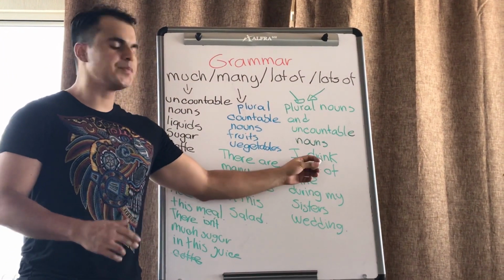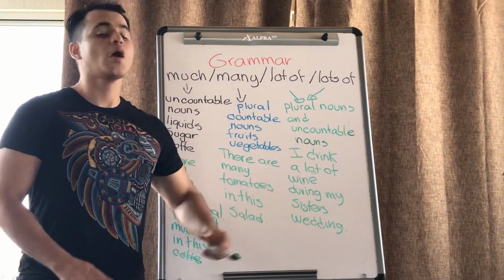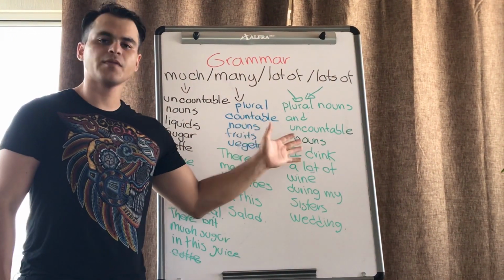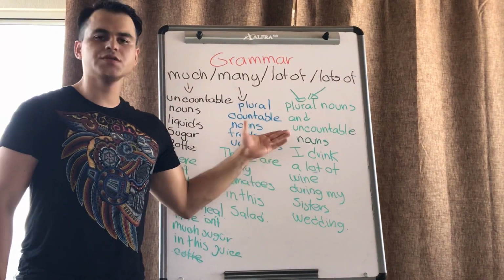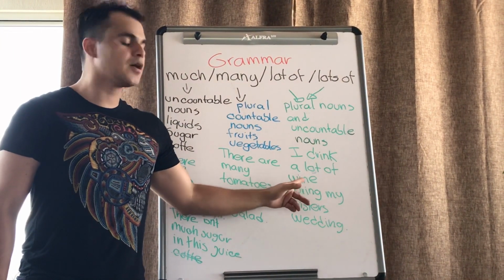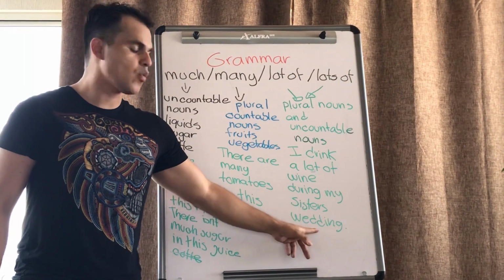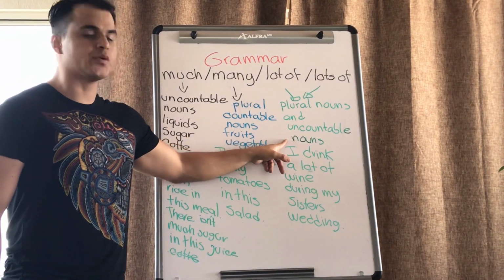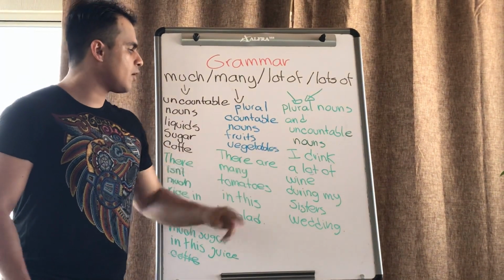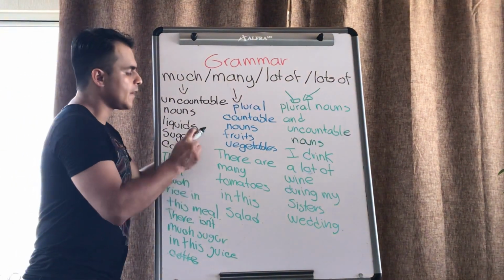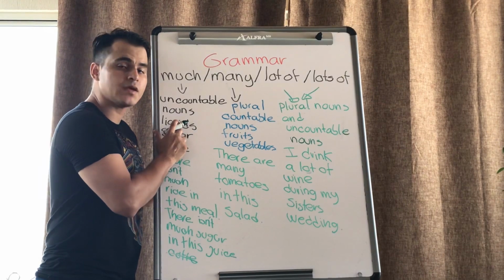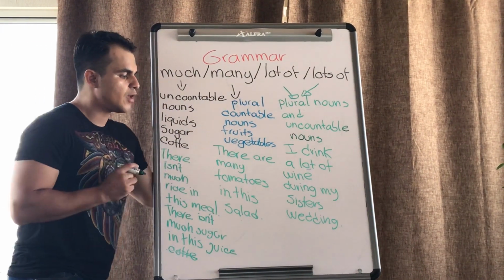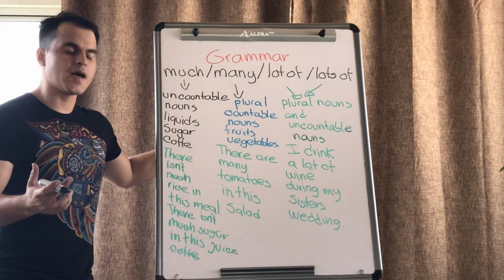Let's use simple present in this example, right? In the next video, we are going to learn simple past. Well, just for an example, let's use simple present. I drink a lot of wine during my sister's wedding. We are talking about an uncountable noun. Alright? Why? Because we already learned that liquids are uncountable, such as the wine. Now, let's go to refer to that in Spanish.